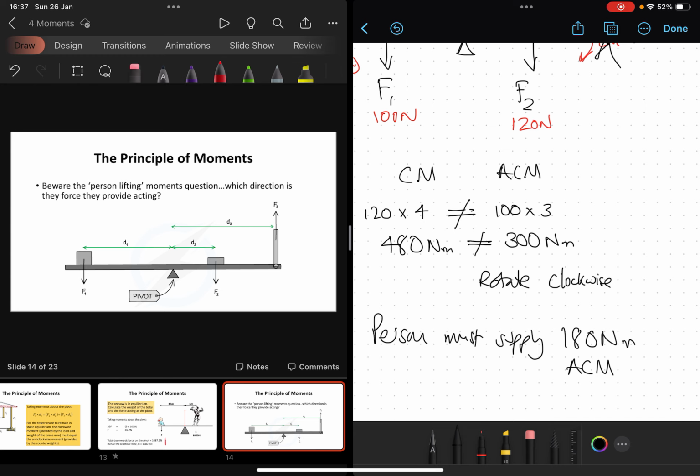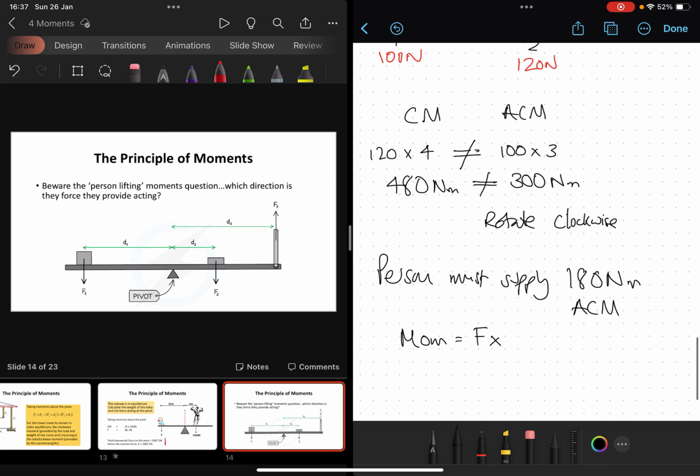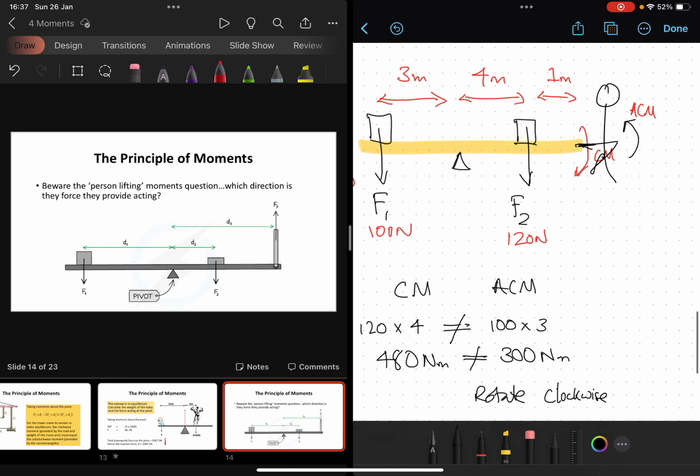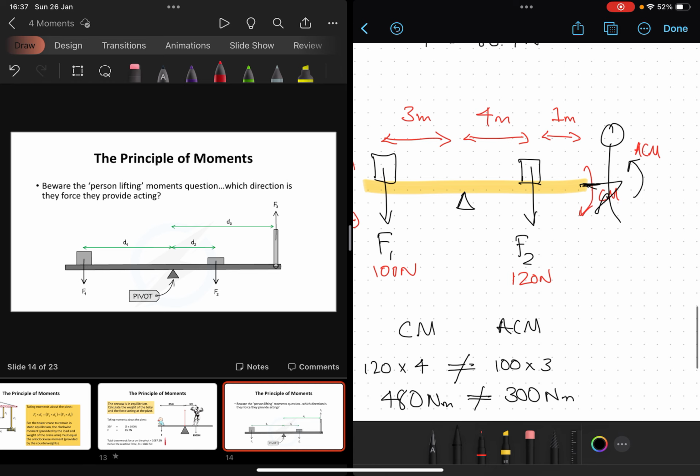So what force then has that person got to supply? So their moment is force times perpendicular distance from the pivot. We know that that moment has got to be 180 Newton meters. We don't know what the force is. The distance from the pivot, now this is where again we've got to be careful, is 4 and 1 meters away from the pivot.